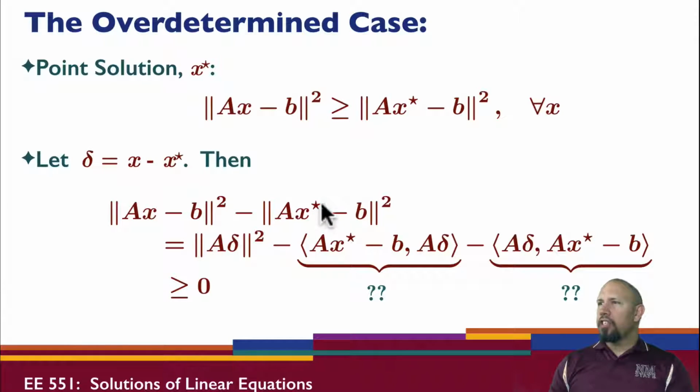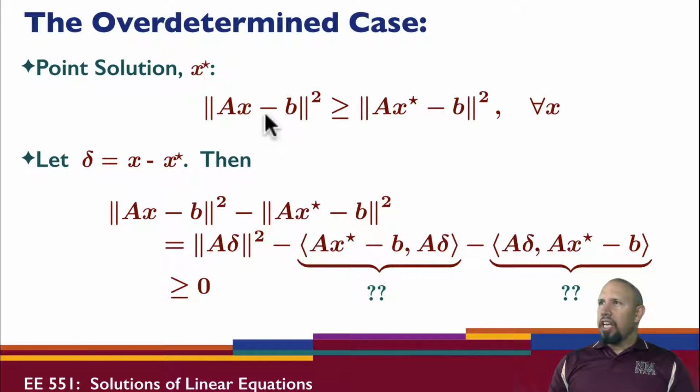If we take the difference in norms between Ax minus b and Ax star minus b, we can go through and do a version of FOIL and show that this difference in norms can be written as the norm of A delta, where delta is equal to x minus x star, and there would be a fourth term over here, but that would be the norm of b minus b. Okay, and since that's 0, we are good with that.